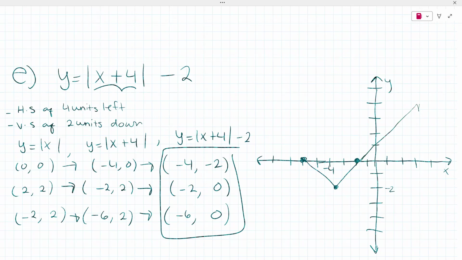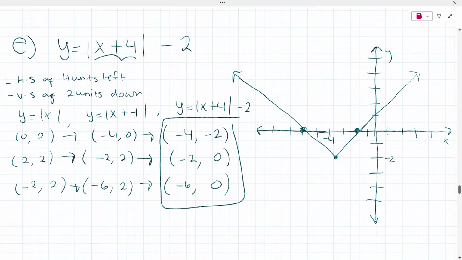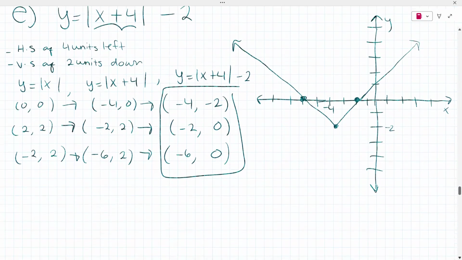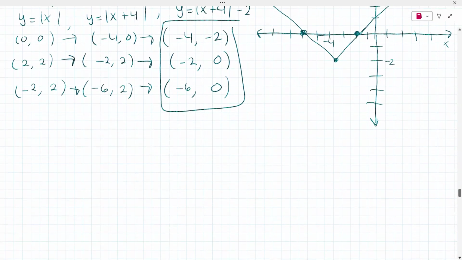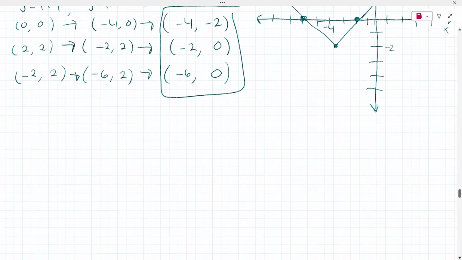So here is my graph. Okay, good. Let's move on.